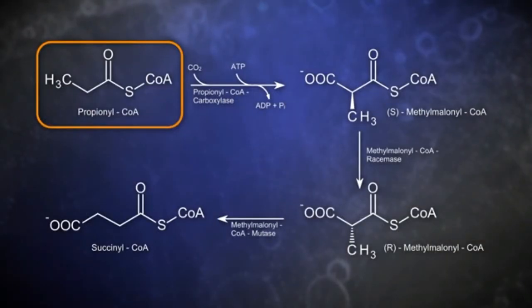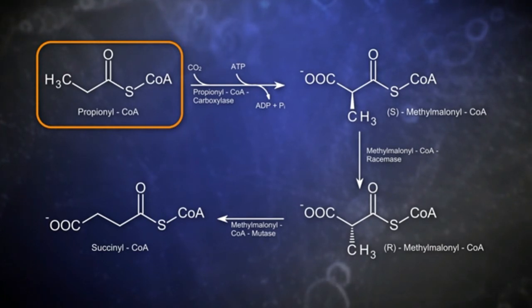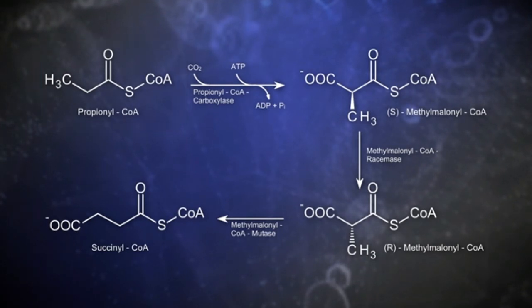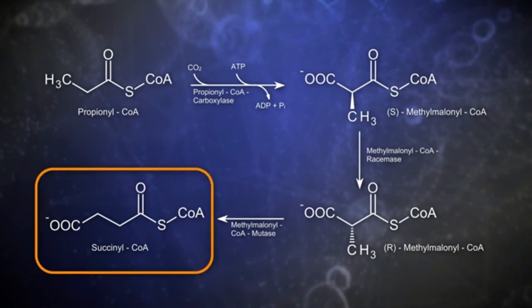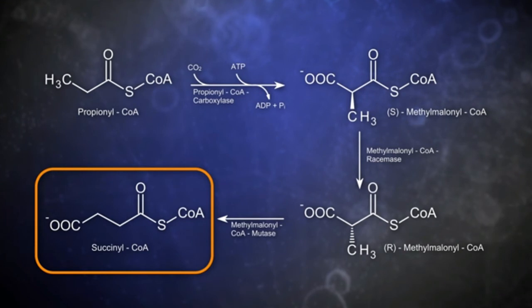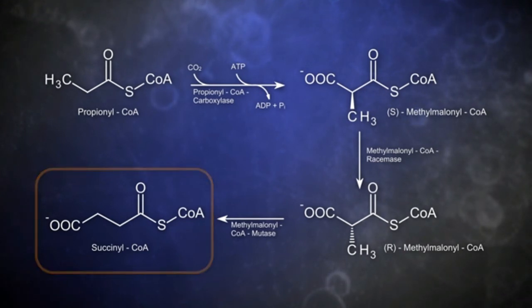Now at this point, we're done with fatty acid oxidation, at least for fatty acids that had an even number of carbons. Oxidation of fatty acids with an odd number of carbons, though, yields a 3-carbon CoA at the end. This 3-carbon CoA molecule is converted into a 4-carbon molecule known as succinyl-CoA, and it gets oxidized in the citric acid cycle, as we will see in an upcoming lecture.